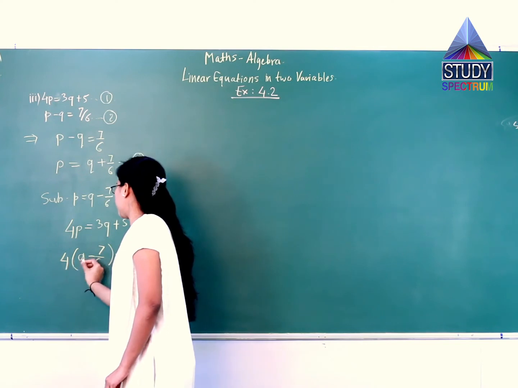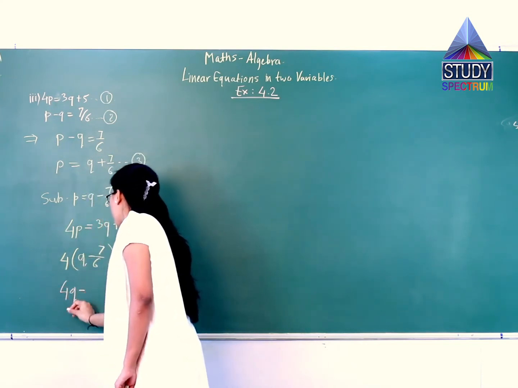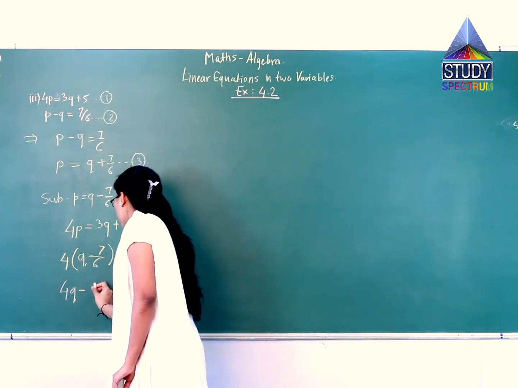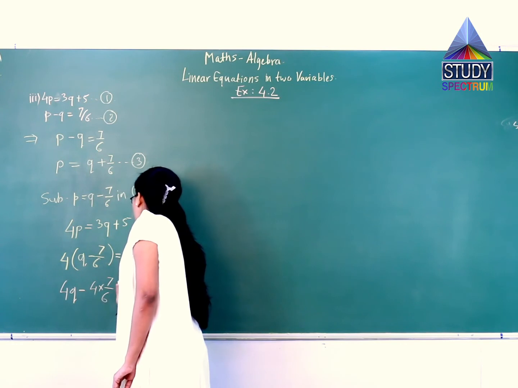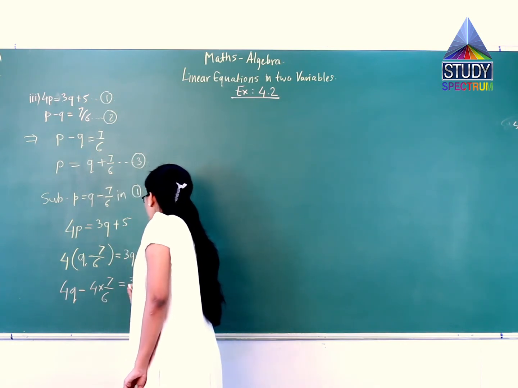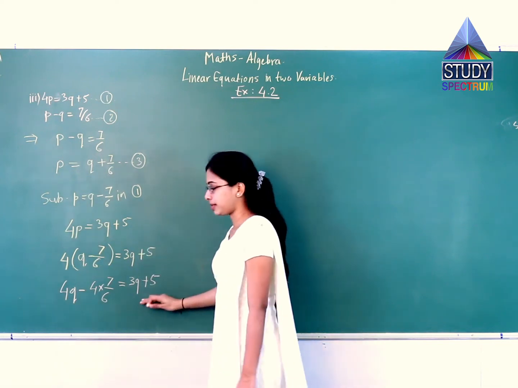So now you can see it will be 4q plus, here 4 into 7 by 6, and on the right hand side 3q plus 5 as it is.